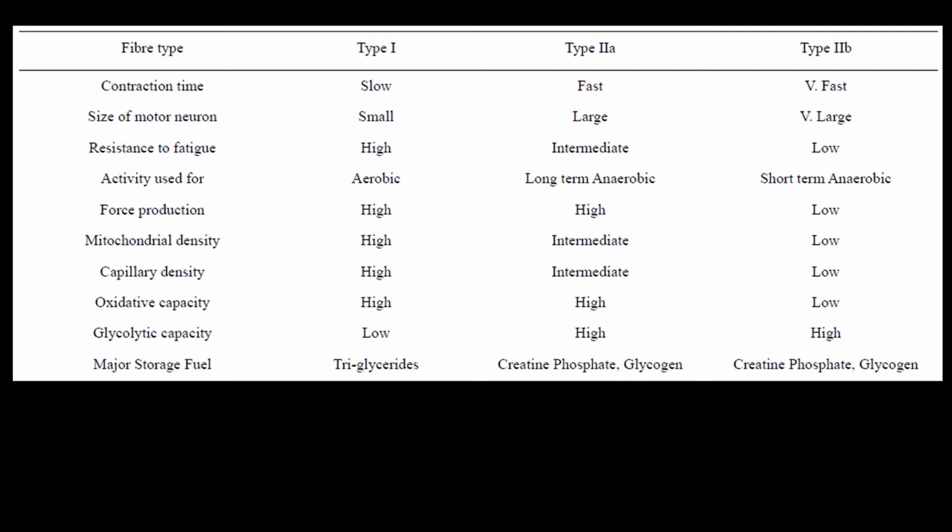And slow oxidative is when people run the marathon, and those get engaged when you get into that rhythm. They don't produce a lot of force, but they are very resilient to fatigue. So they are ready to keep pushing and pushing and pushing for hours on end. So you can run the marathon. So that's basically what it is.